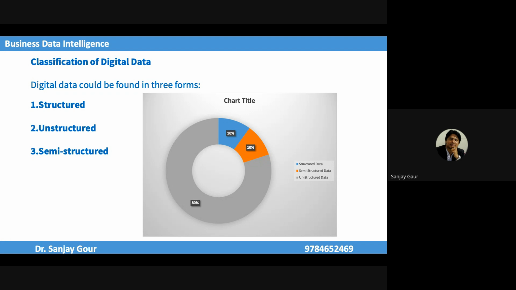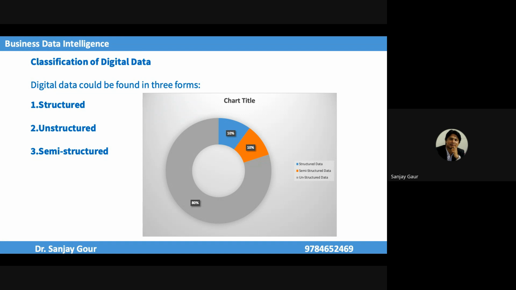Although we are not working much on semi-structured data because it is mixed mode data and there is now less possibility to clean and transform it. We can easily clean structured data, and also unstructured data, but there is less possibility to apply algorithms and techniques on unstructured data.